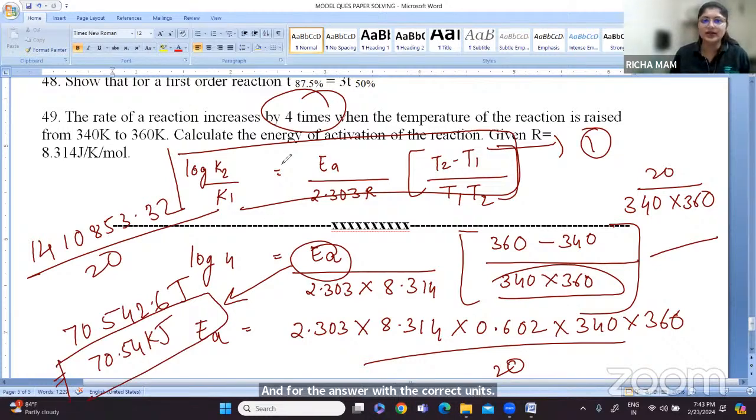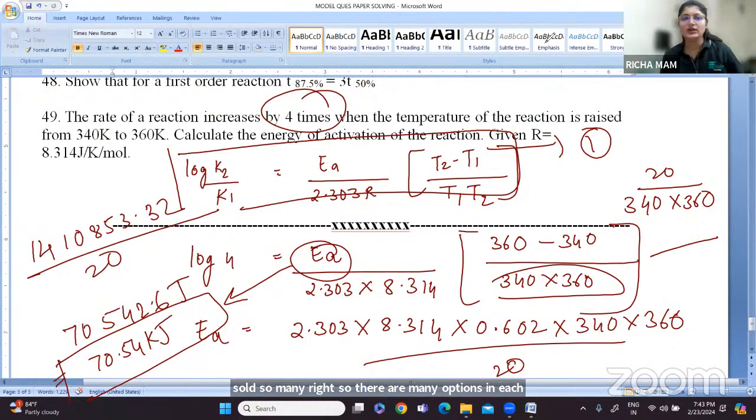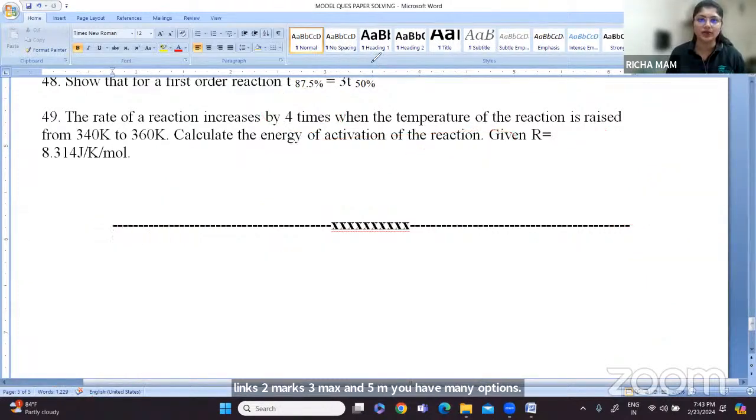So this is a 70 marks question paper. We have solved so many, right? There are many options in each section. Leaving your MCQs and fill in the blanks, for 2 marks, 3 marks, and 5 marks you have many options. For example, if they ask you to write 3 questions, they have given you 6 questions.